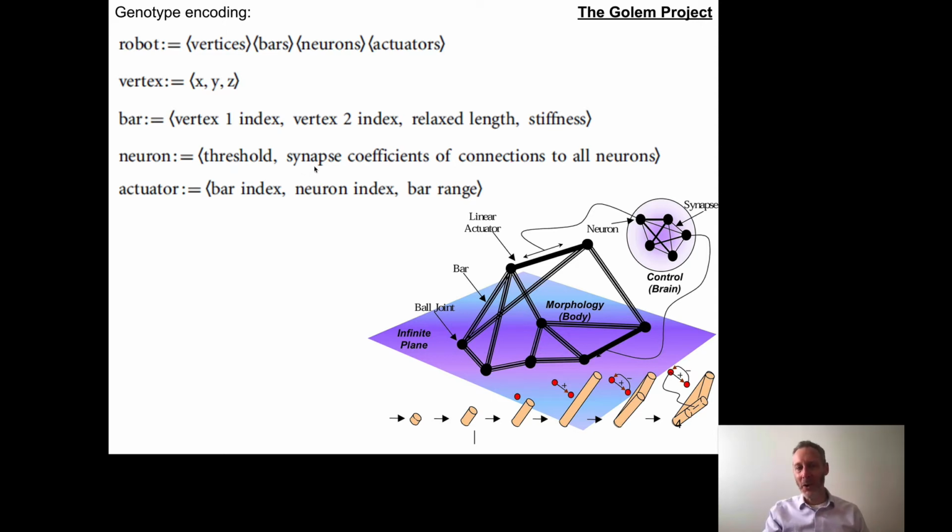In the second part of this neuron element are synapse coefficients of connections to all neurons. So it's assumed in this neural network that every neuron is attached to every other neuron. So in this cartoon example here, where we have 5 neurons, the length of the neurons list would be 5. And there would be 5 numbers in here plus the 6th number, the threshold. So each neuron would have 6 numbers in it.